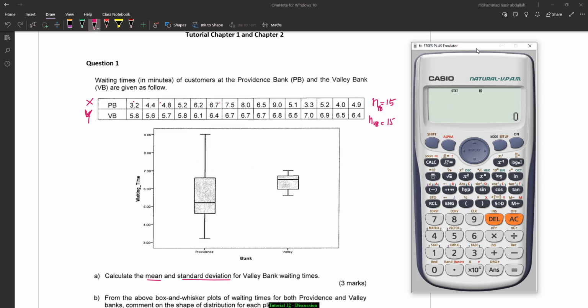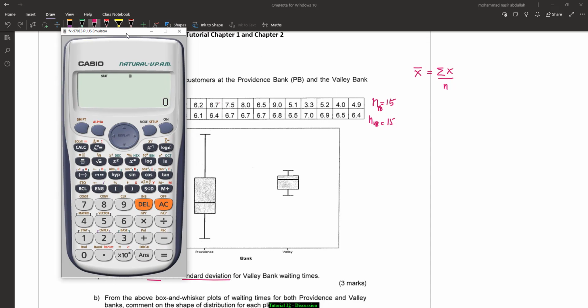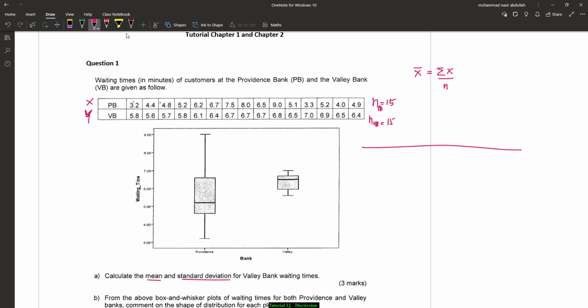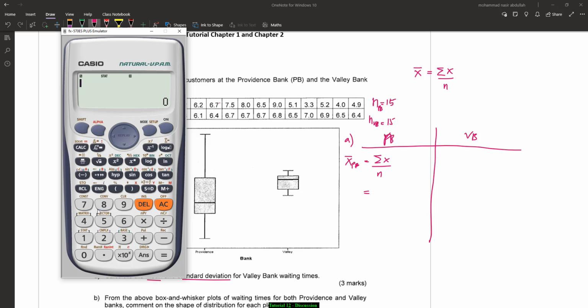And then since the mean is required, we need to do two. This is for PB, this is for VB, right? So x bar for PB is summation of x divided by n. So we press calculator, shift 1, right?